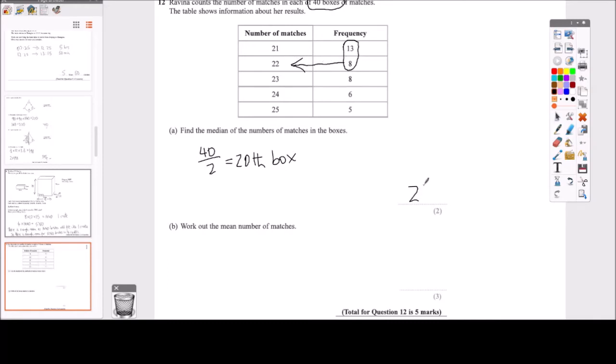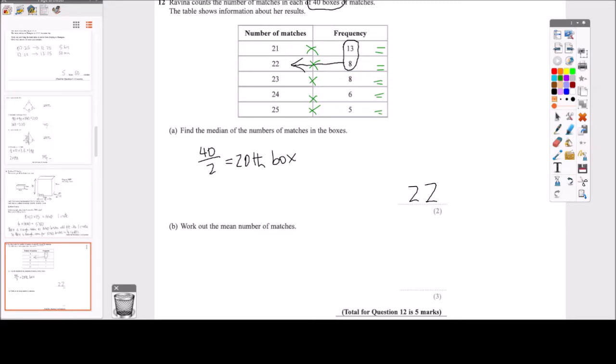So how many matches are in this middle box? Well, it's 22. Now, to work out the mean number of matches, we cross multiply. We've got 13 boxes with 21 matches, 8 boxes with 22 matches, and so on. So to work out the total number of matches, we're going to cross multiply.